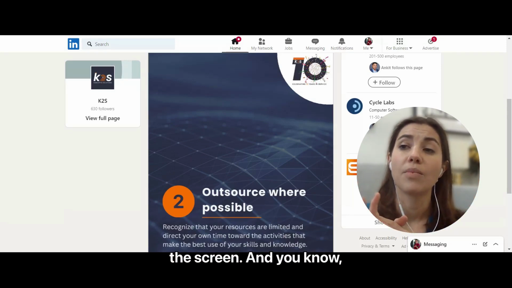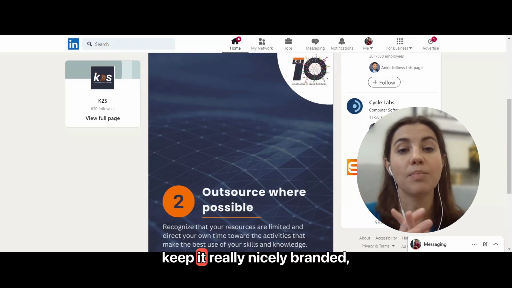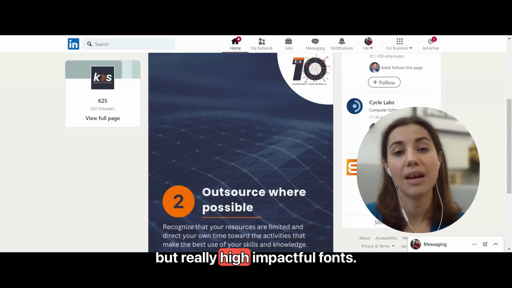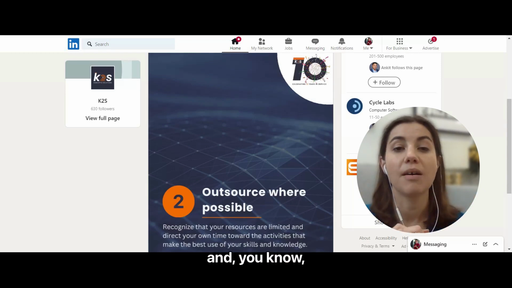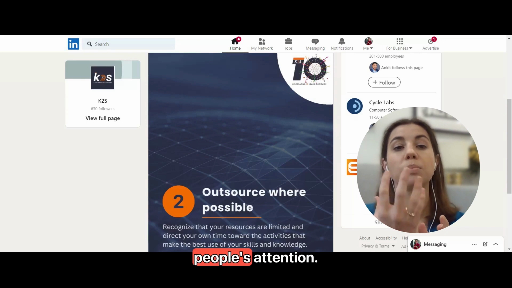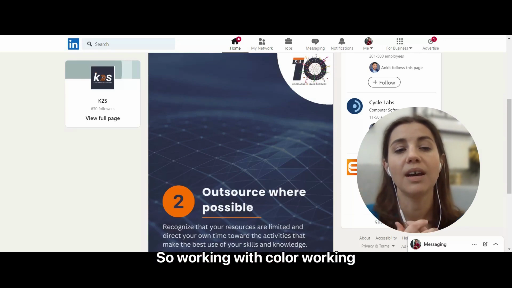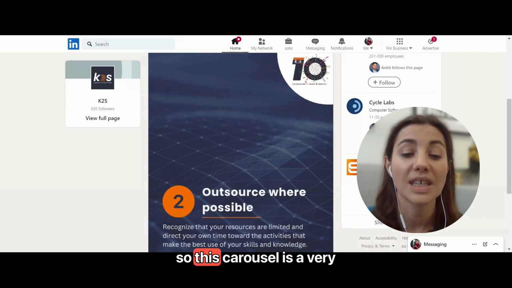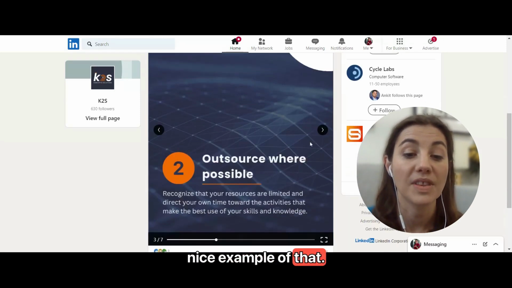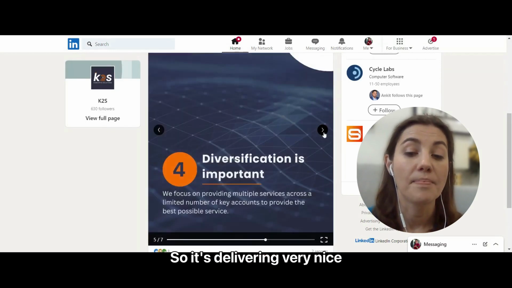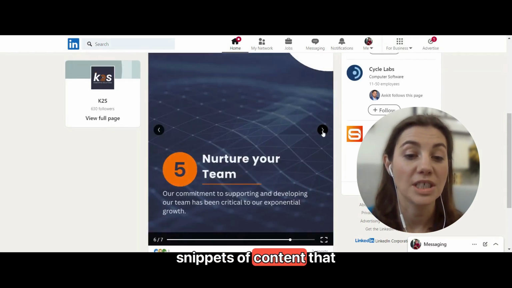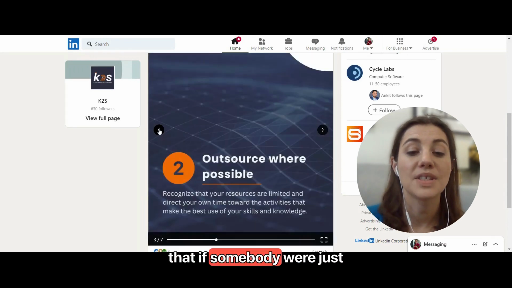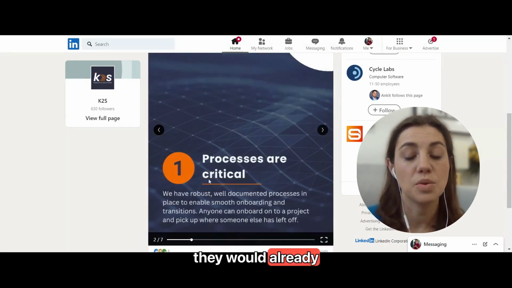And keep it clean, keep it nicely branded, but keep it clean, like low text, but really high impactful fonts, and something that really grabs people's attention. So working with color pops can be really impactful. This carousel is a very nice example of that. It's delivering very nice snippets of content that have a lot of value, but it's delivered in such a way that if somebody were just to read the headline, they would already get the point.